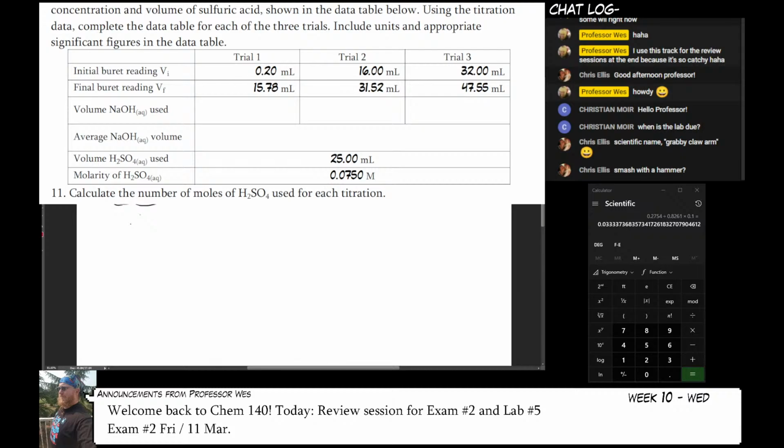All right. So what we're going to do is figure out the number of moles of H2SO4. And so we need the molarity and the volume for that. Those numbers are given in this data table. So I'm going to use 25 milliliters of volume and 0.0750 molar H2SO4.